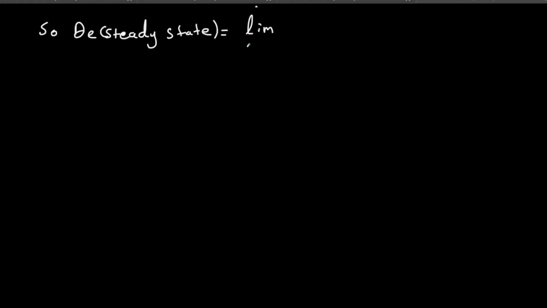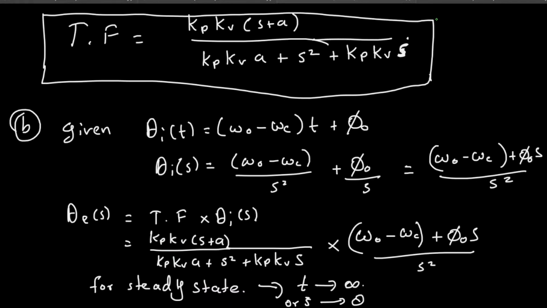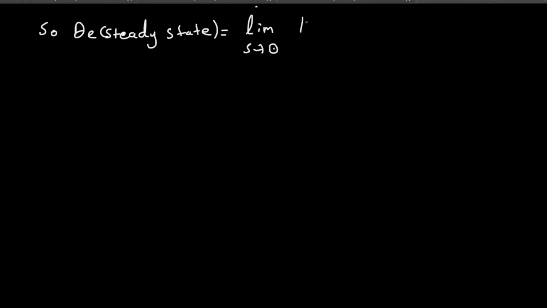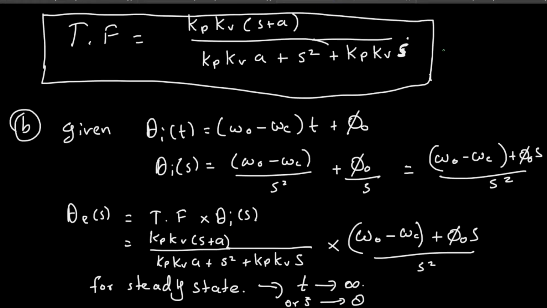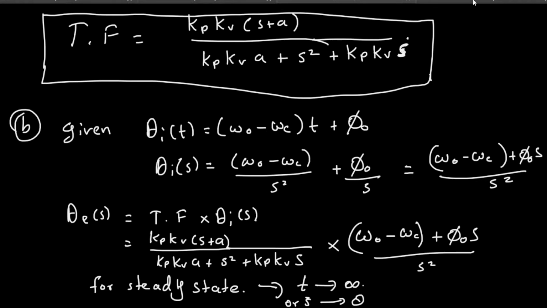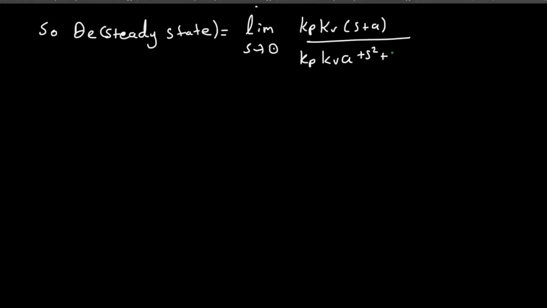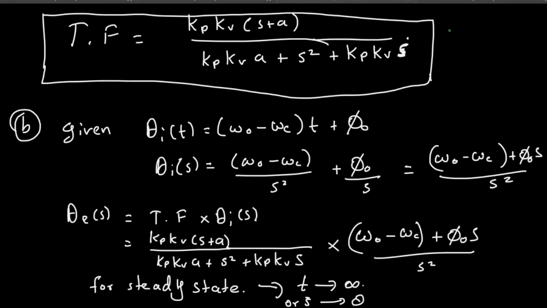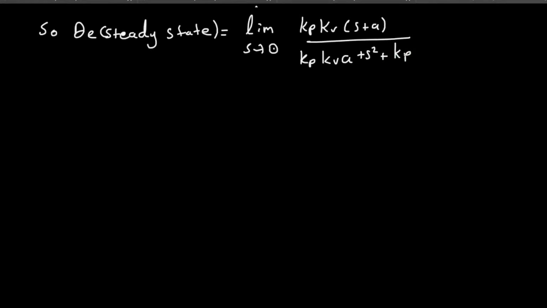Limit s approaches 0, and then this whole thing, kp kv times s plus a divided by kp kv times a plus s squared plus kp kv times s.